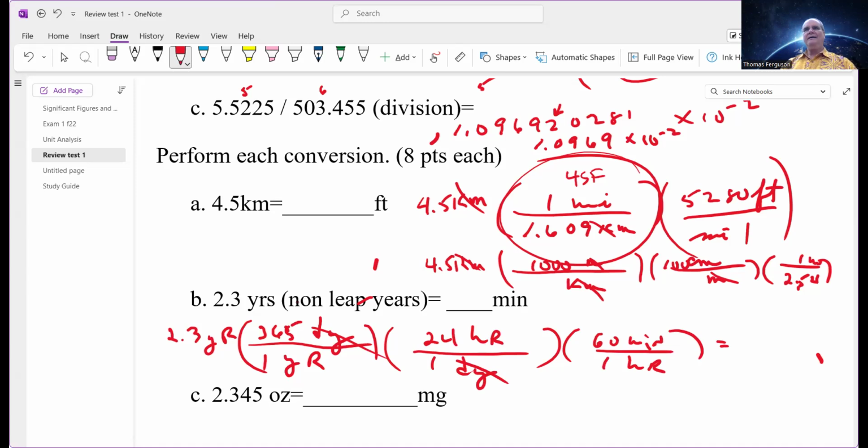Yeah, we create our own conversion factors in order to shorten the process. For instance, I know that there's 1,440 minutes in a day. Can we use that as a conversion factor instead of having to write day to 24 hours, an hour to 60 minutes? That always comes up.